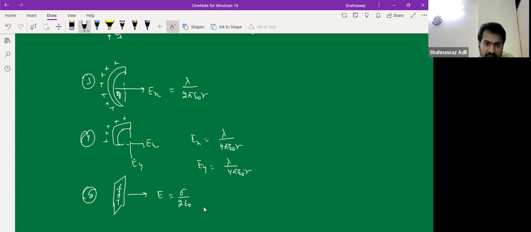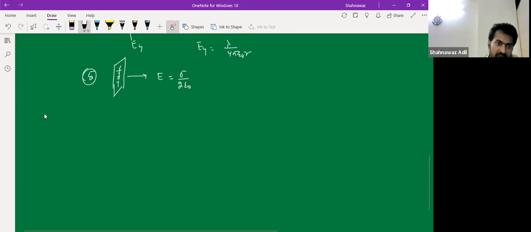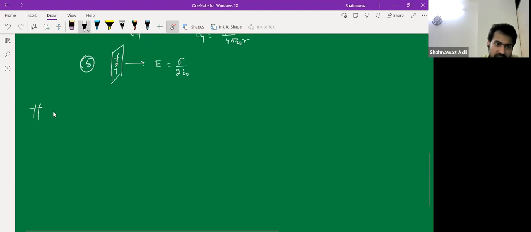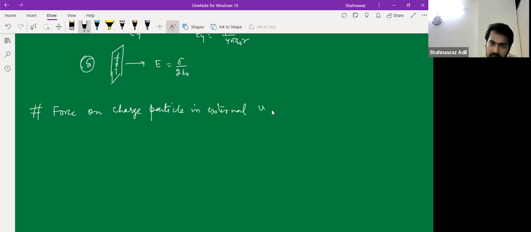We did this in the previous classes. And then we also calculated the force on a charged particle in an external uniform electric field.